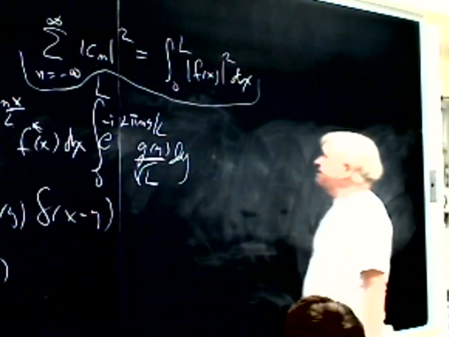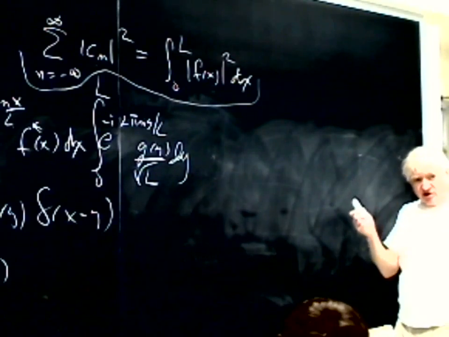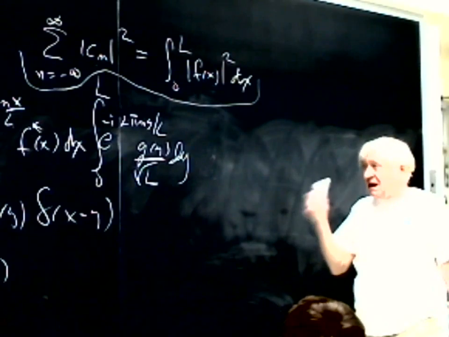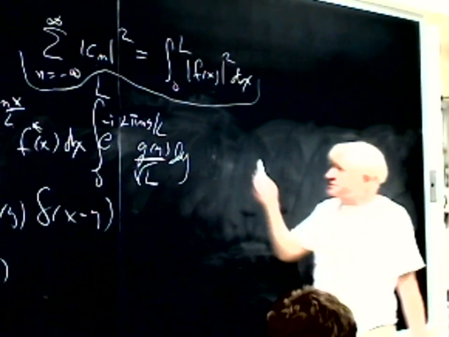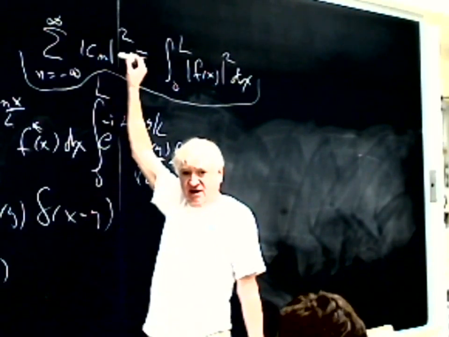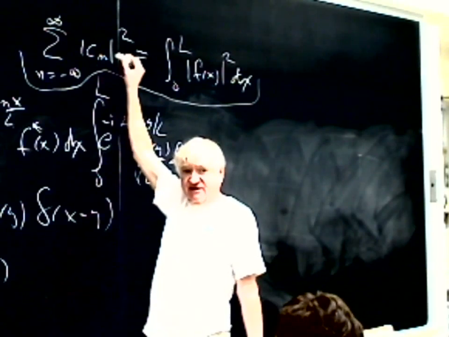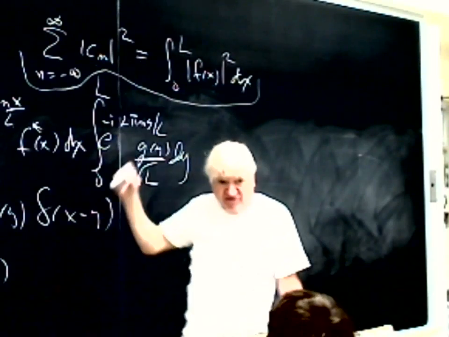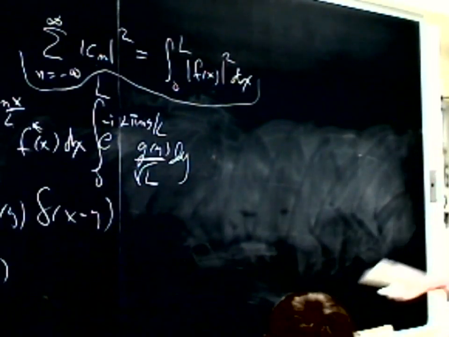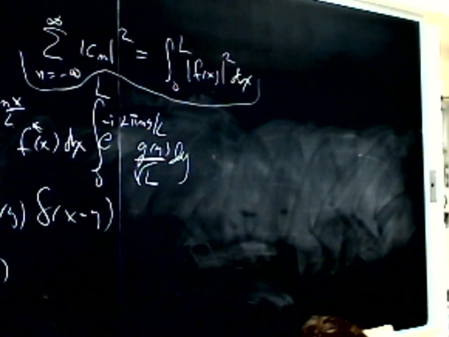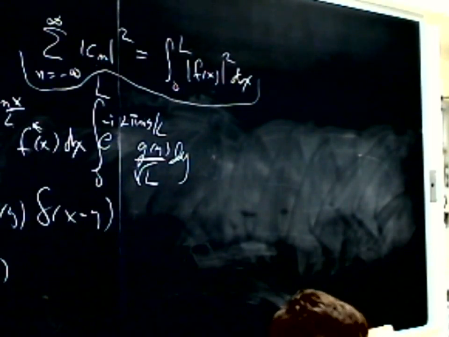So what we can say is that if the function f is square integrable on the interval 0 to L, it's representable by a Fourier series, the sum of the absolute value squares of whose coefficients converges to a finite number. That is what convergence is supposed to mean. And so the space of square integrable functions is a natural space for Fourier series.